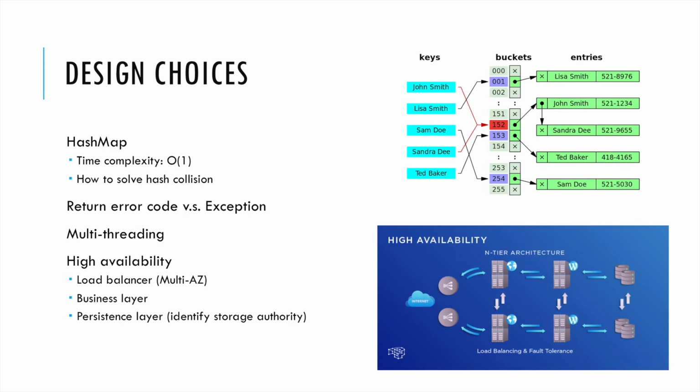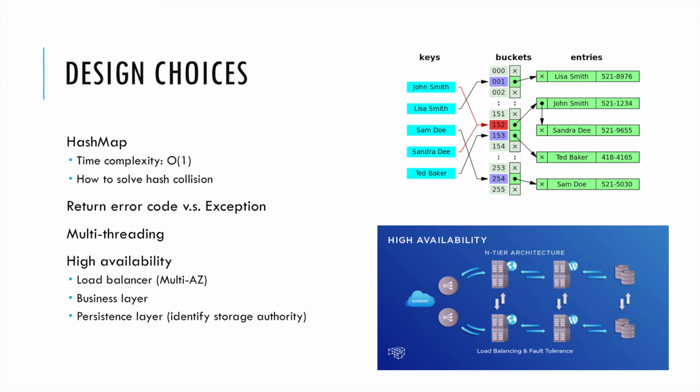Another design choice is high availability. If this system needs to be active all the time, we need to consider high availability. First, we need to use a load balancer to distribute the traffic to the different hosts, and on each host run the business layer, and we also need to use a centralized persistence layer.